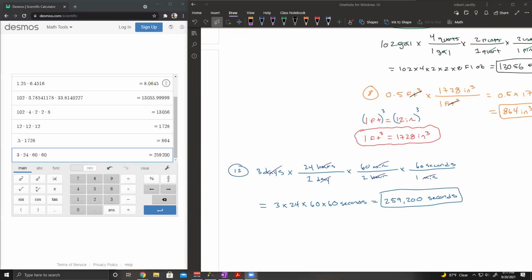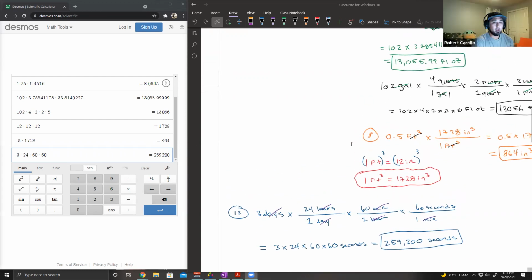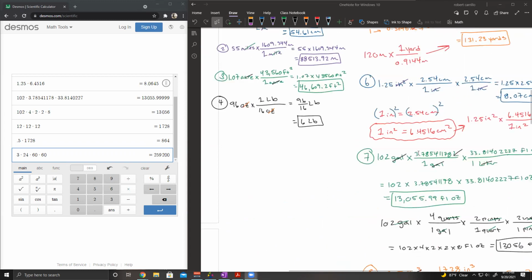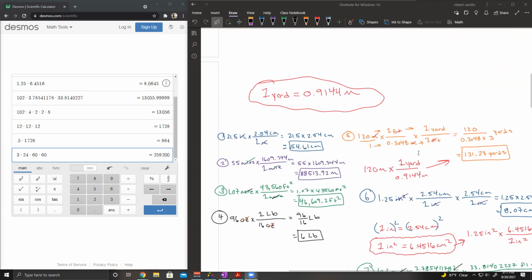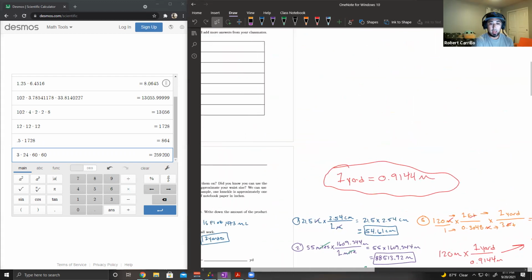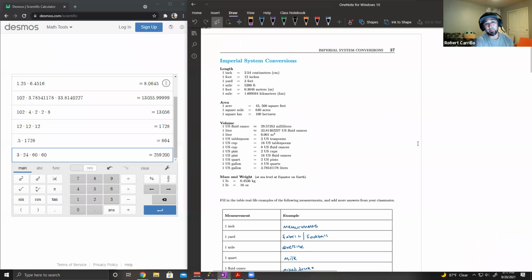I was wondering if you could reiterate all the base conversions that we did, just so I make sure I got all of them. What do you mean? Like 1 yard is 0.914 meters, or 2.54 centimeters in 1 inch. Remember, if you have these notes printed out, they are at the top of your page. Where do we find the notes again? Remember, you can print them out.